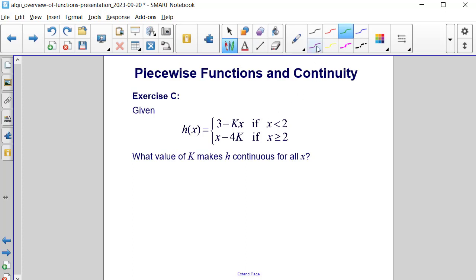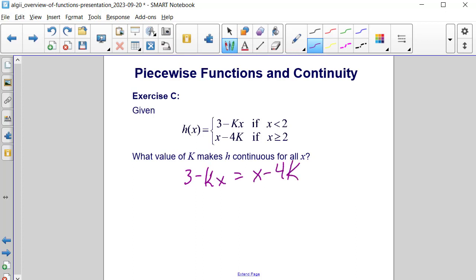Well, the first thing that we need to do is take both pieces of our function and set them equal to one another. Because remember, where they are equal is that point of intersection, or point where they come together, that would make the entire function continuous. So we would have 3 minus k times x is equal to x minus 4k.